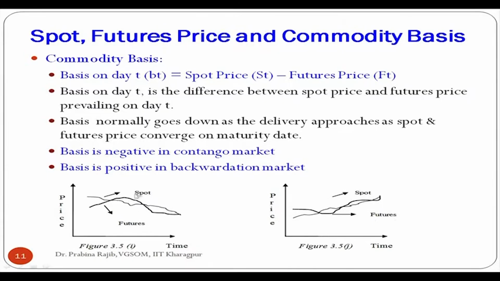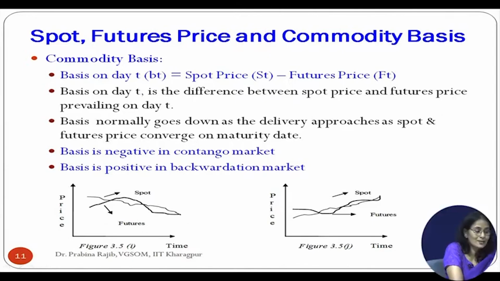So spot and futures price can move from contango to backwardation or vice versa before the contract maturity, but as the contract matures, this tip of both the pictures shows the contract maturity date on which both spot and futures price converge, leading to 0 basis.